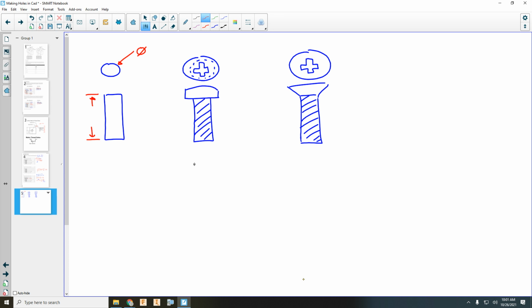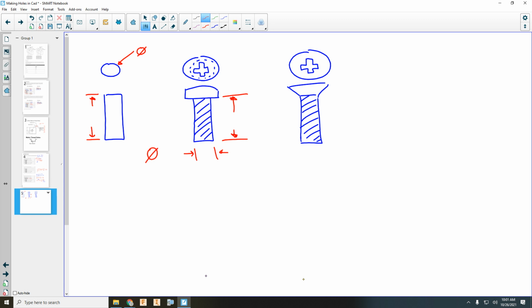On the pan head screw, well, actually both screws, this would be our diameter. Now the pan head and the flat head are different in the way you measure length. We don't really care about the length of this piece at the top.